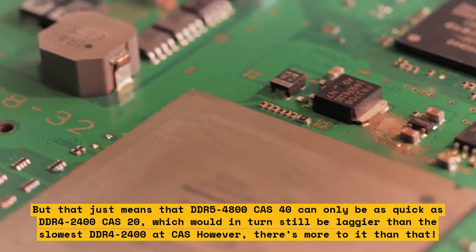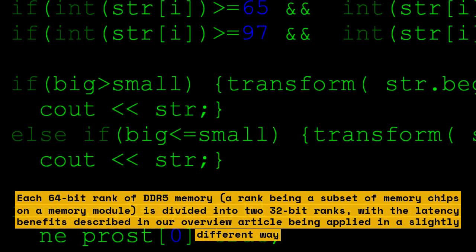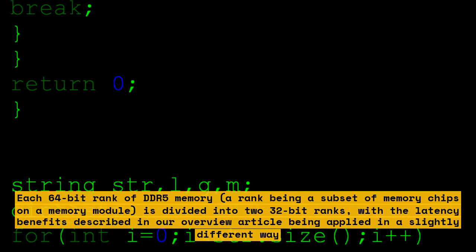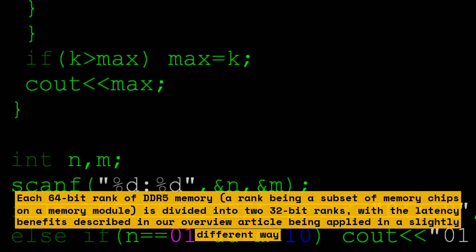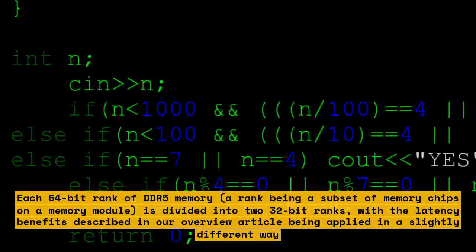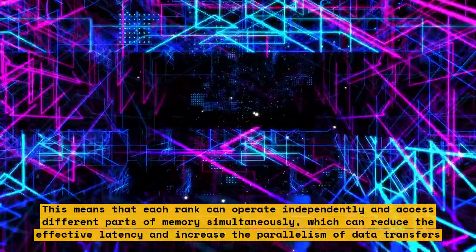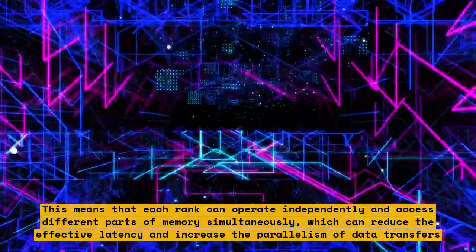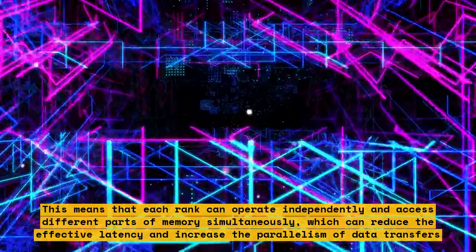Each 64-bit rank of DDR5 memory, a rank being a subset of memory chips on a memory module, is divided into two 32-bit ranks, with the latency benefits described in our overview article being applied in a slightly different way. This means that each rank can operate independently and access different parts of memory simultaneously, which can reduce the effective latency and increase the parallelism of data transfers.